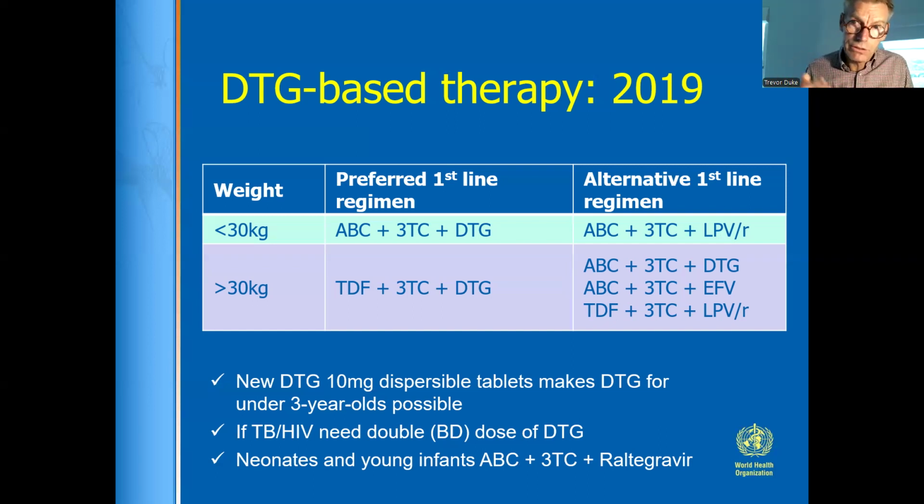And so you need to double the dose so that they maintain an adequate blood level of DTG. For neonates and infants, abacavir, lamivudine, and raltegravir, as I said. But for most children, it's abacavir, lamivudine, and dolutegravir.